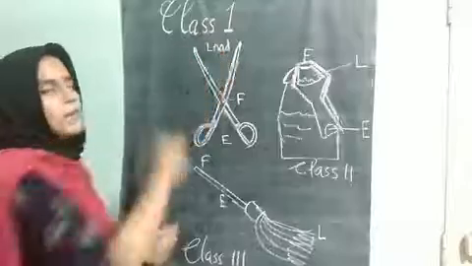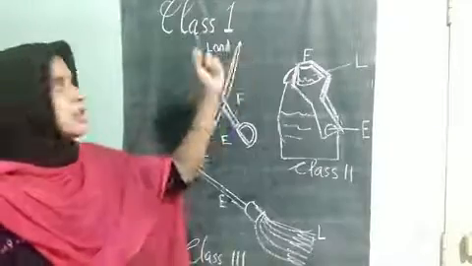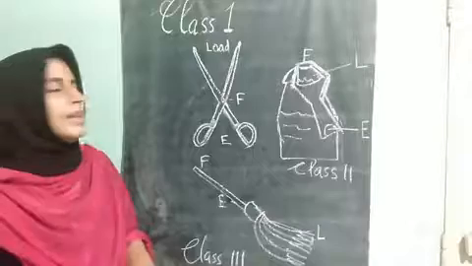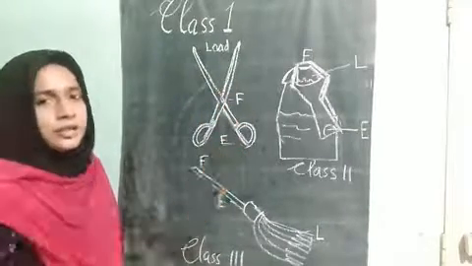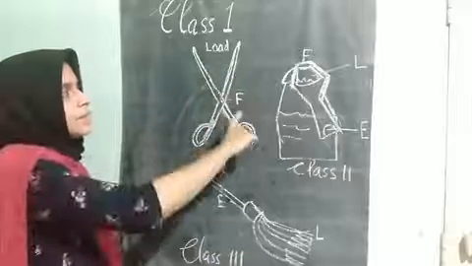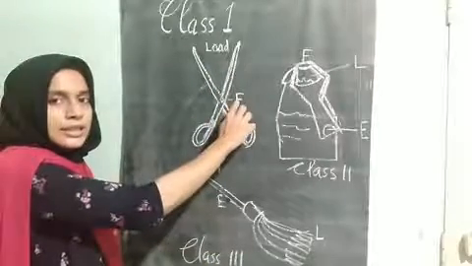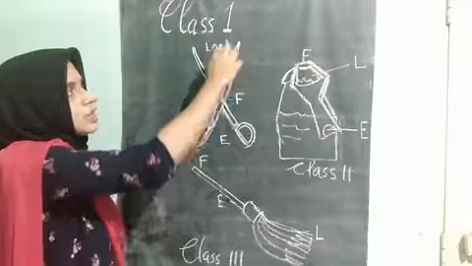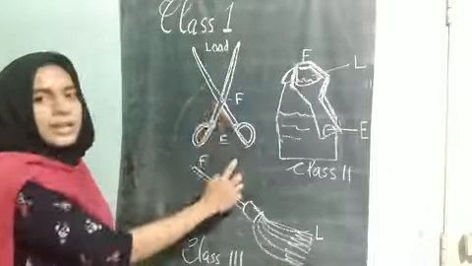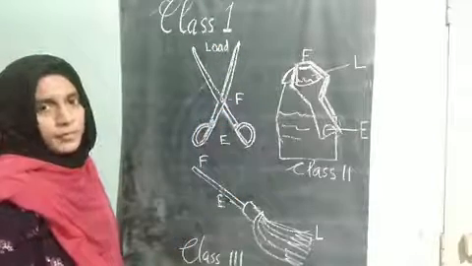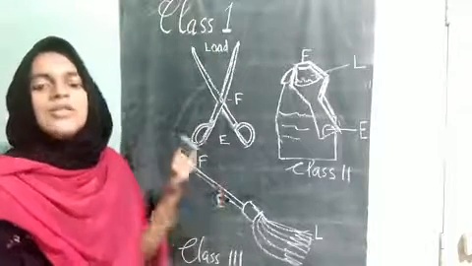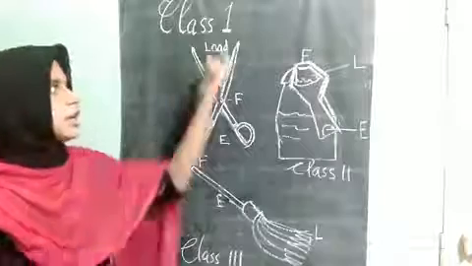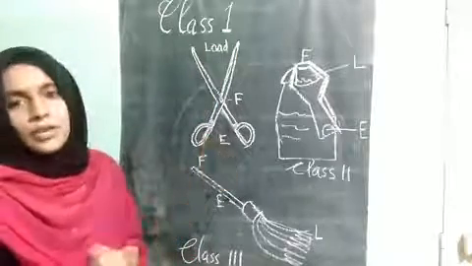Then the load will be at this end. So in a class 1 lever, the fulcrum will be in between the load and the effort. Did you understand? So in a class 1 lever, the fulcrum is between the load and the effort.